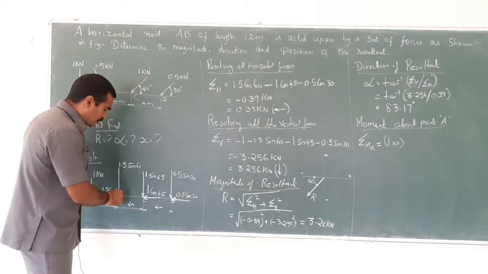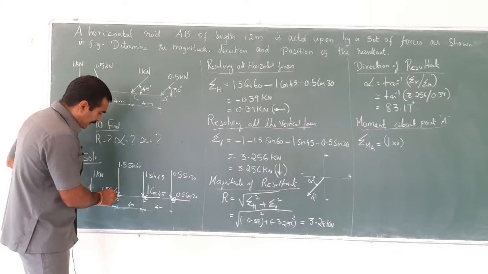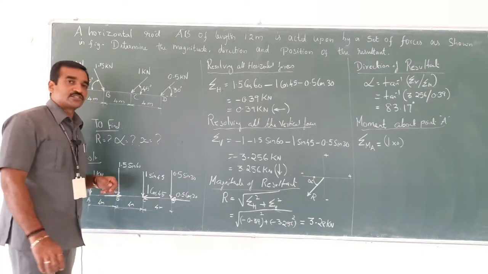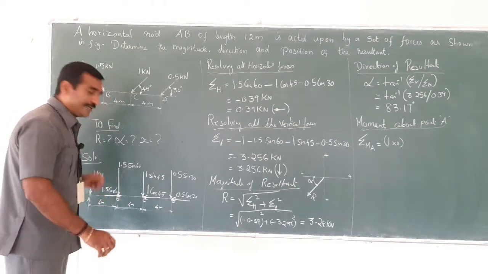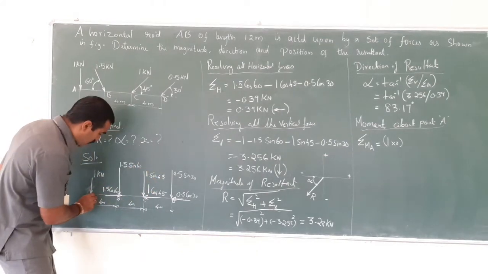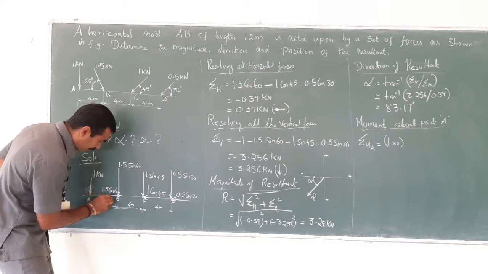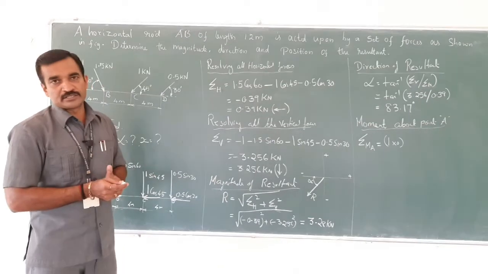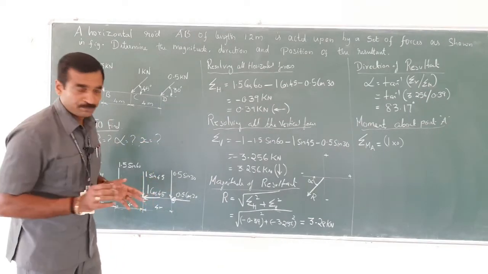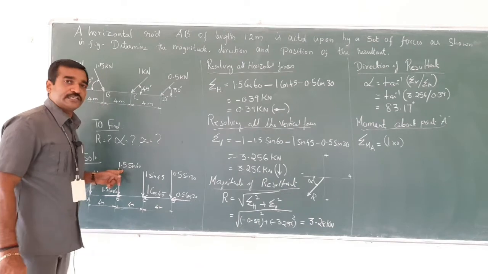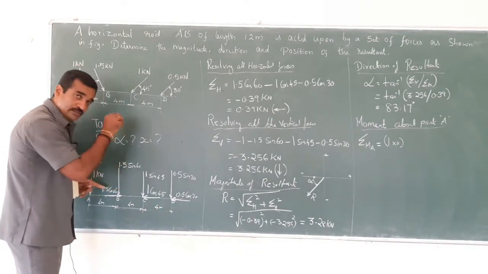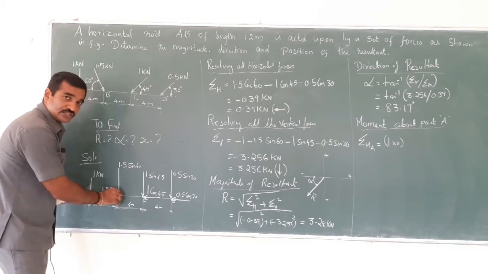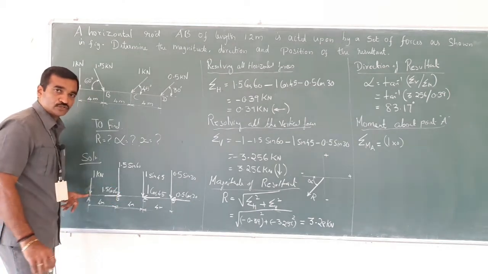Got it? Let me just move to point B, wherein a horizontal force is acting of magnitude 1.5 cos 60, but it doesn't have any perpendicular distance because it is acting on the point. So that becomes 0. Right. So consider this vertical force which is acting perpendicular to this point. This is the perpendicular distance to the line of action of the force.